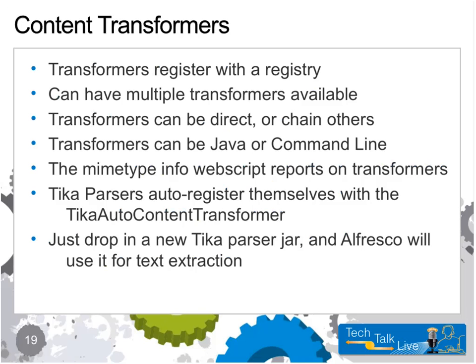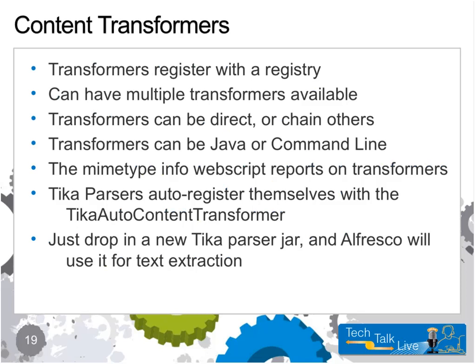Or you can have chains of them where you say, in order to get from plain text to a web preview, I need you to call that transformer there to make a PDF, and then that transformer there to turn the PDF into a SWF file that can be shown in the browser.